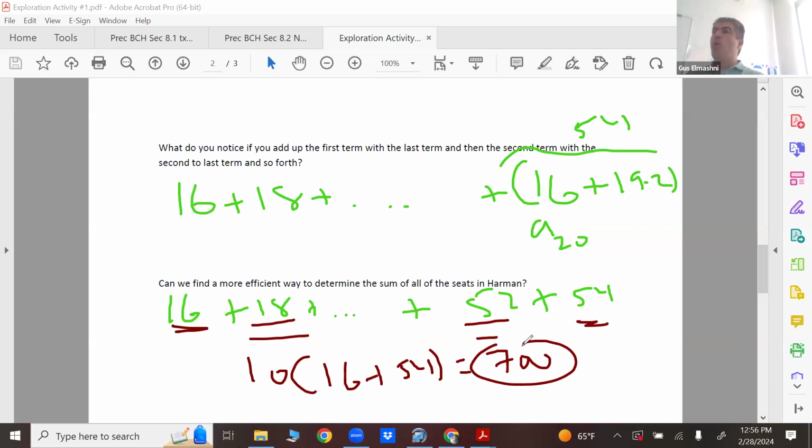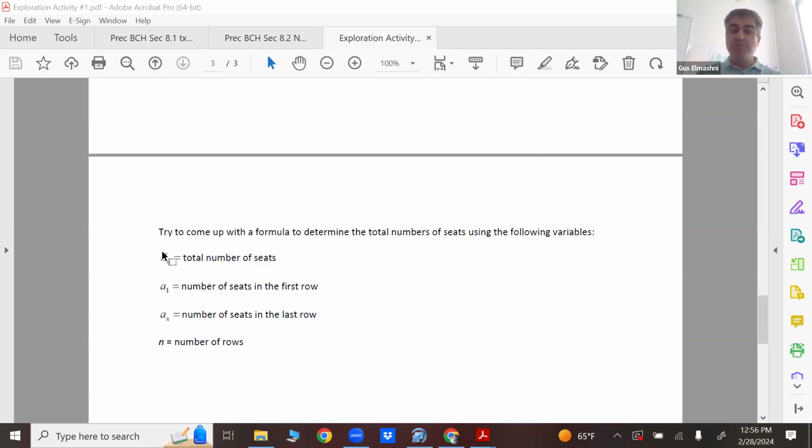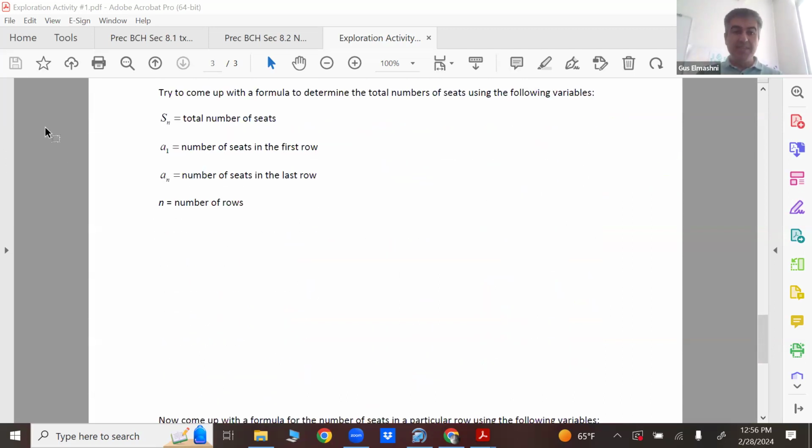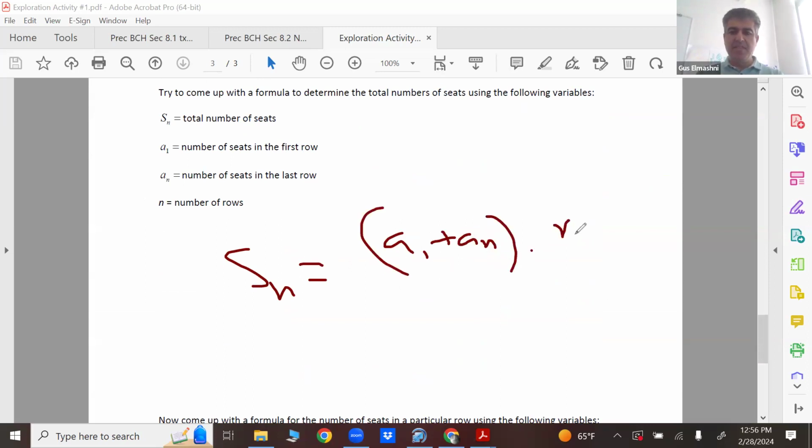Now, is there a formula we can devise based on what I just showed you? Is there a formula I could devise here? Go ahead, Captain. Yes, you're awesome. Good. There you go.